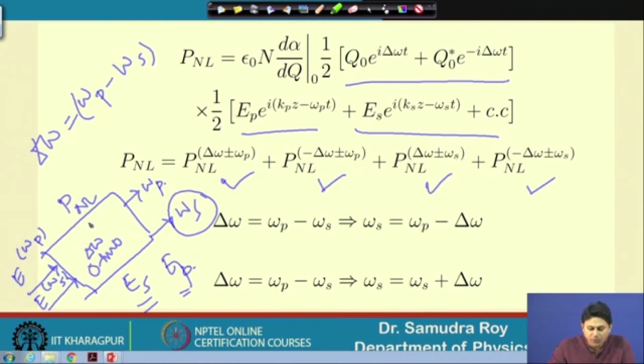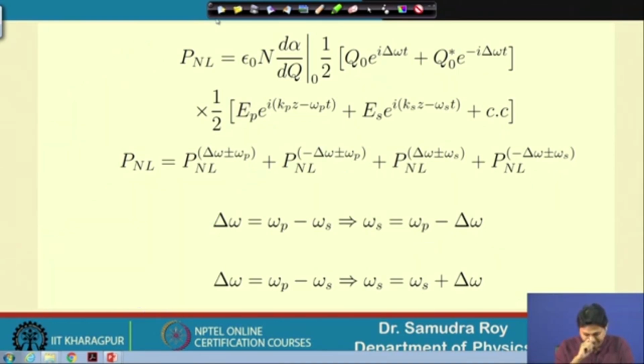So, in these frequencies, if you look very carefully, there is one frequency which is omega s, and this is omega p minus delta omega. Among these frequencies, delta omega is omega p minus omega s. So, omega s is omega p minus delta omega.